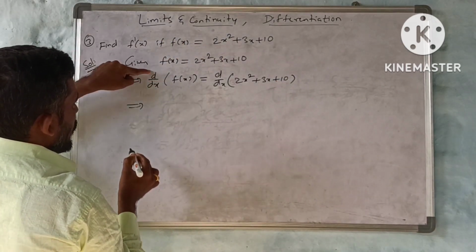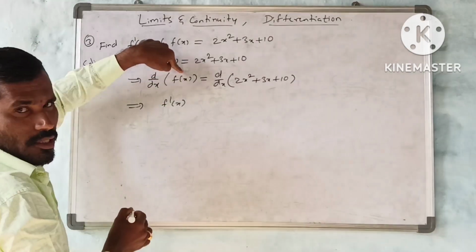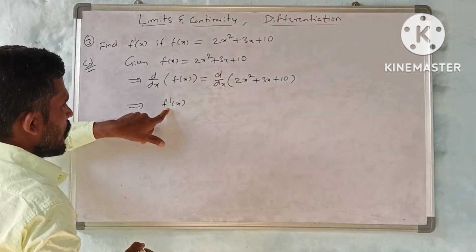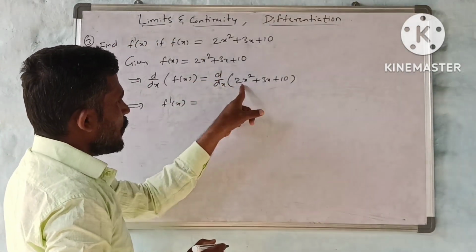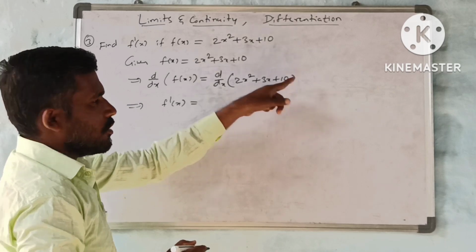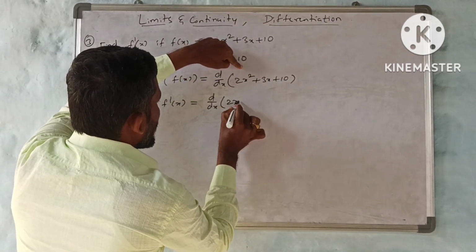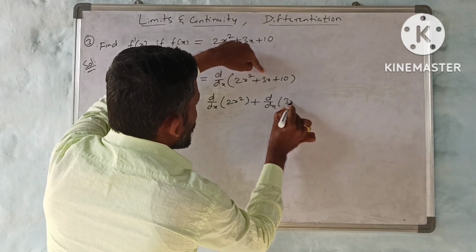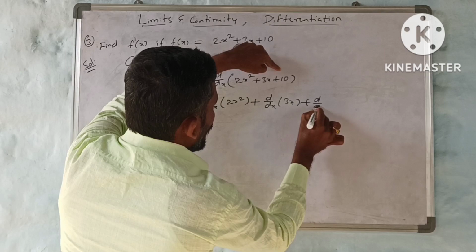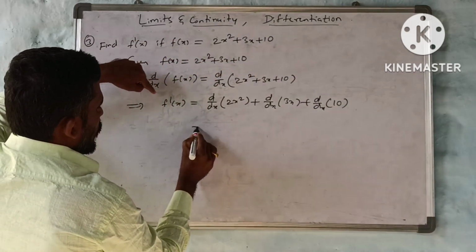So this implies the derivative of f of x is denoted with f dash x, equal to the derivative of the whole, which is the derivative for each term we have. So the derivative of 2x square plus the derivative of 3x plus the derivative of 10 we have.